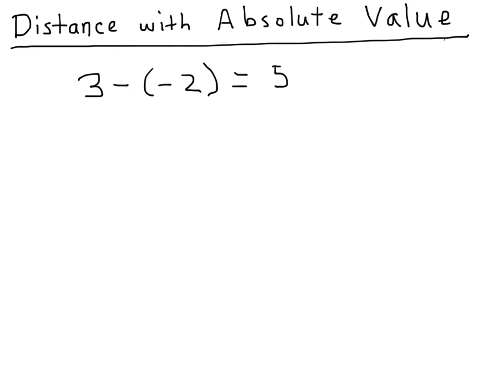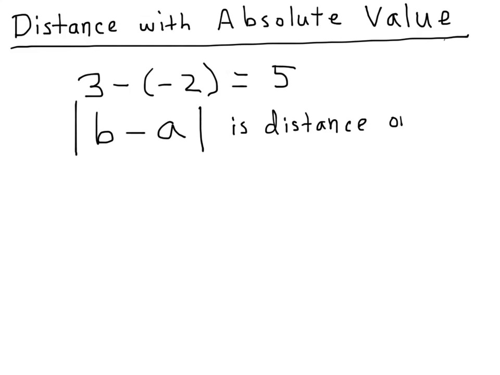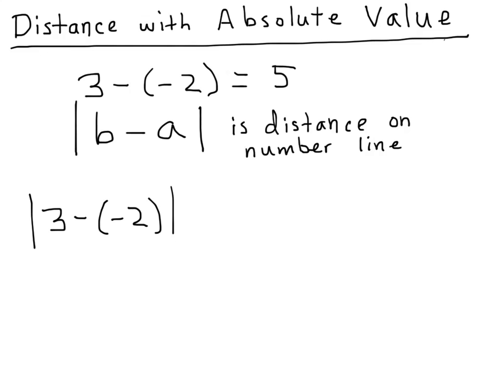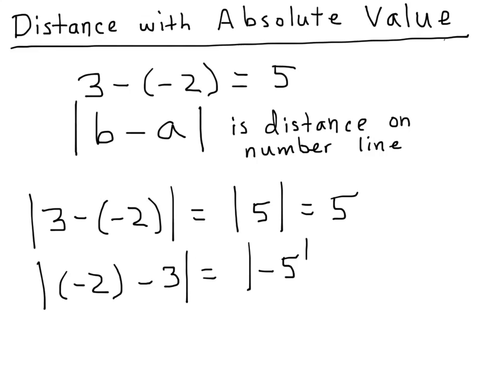So one of the ways that we can make sure that we don't have to know which one is the larger number is we can take the absolute value of that difference, and then we get that distance. So it doesn't matter if we use the 3 first or the -2 first. If we say 3 minus a -2, we get 5, and if we say -2 minus 3, we get the absolute value of -5, which is then 5.